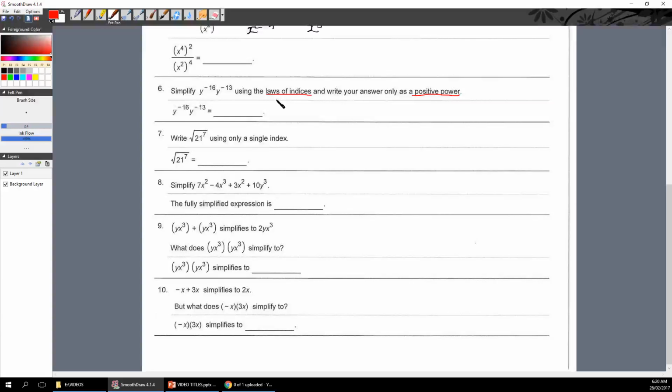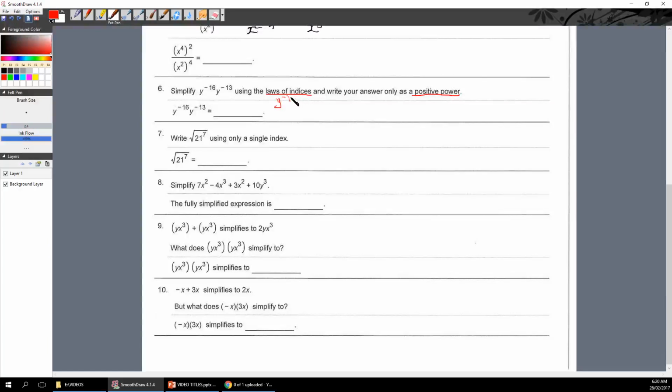So we know that we can go y to the negative 16, and y to the negative 13. I'll undo those.